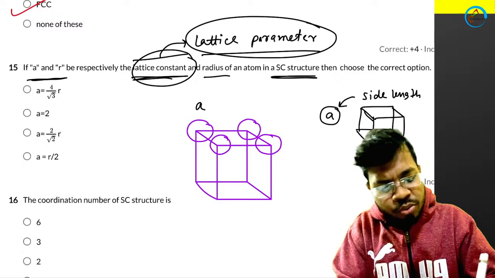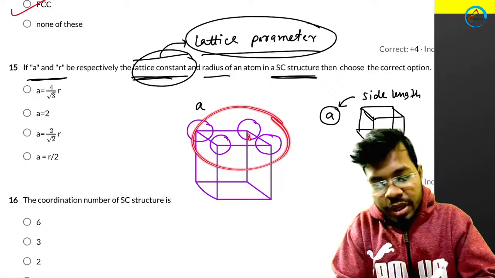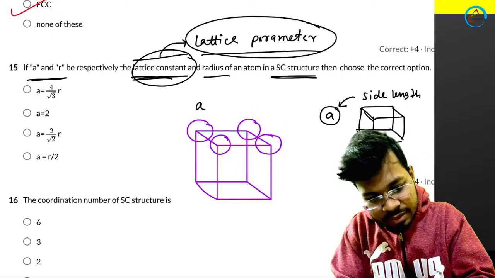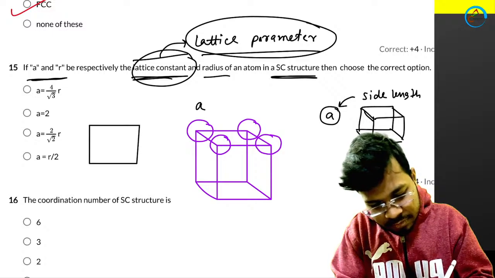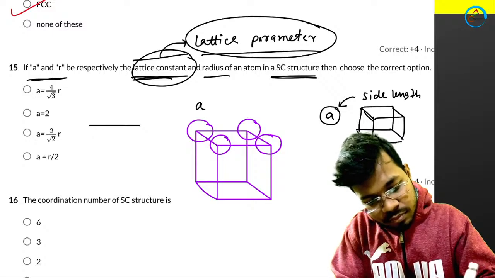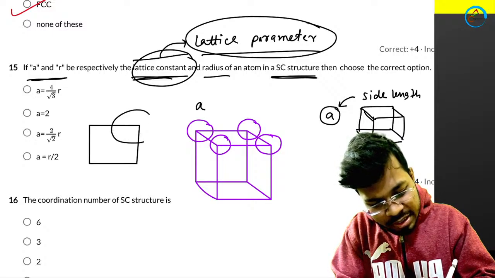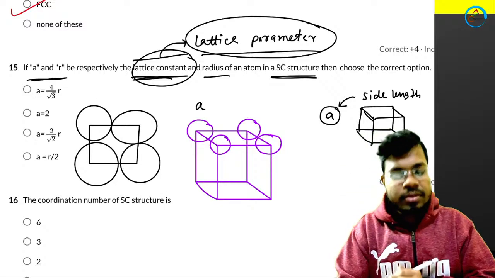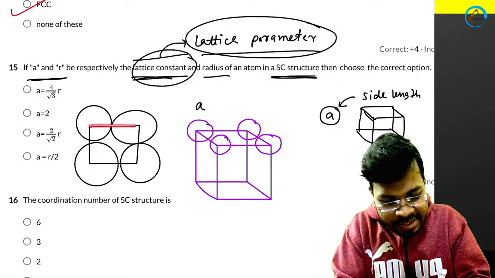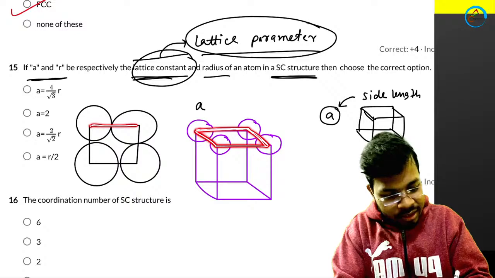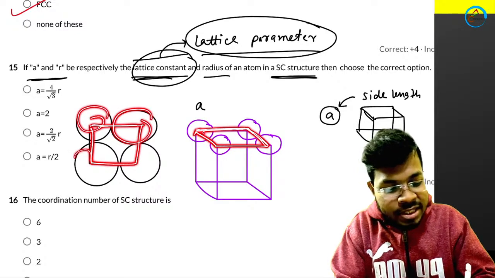But I cannot show you through this structure, I have to show you in this way. Actually this is your A, and this is another one. These are the lattice points present on this plane.